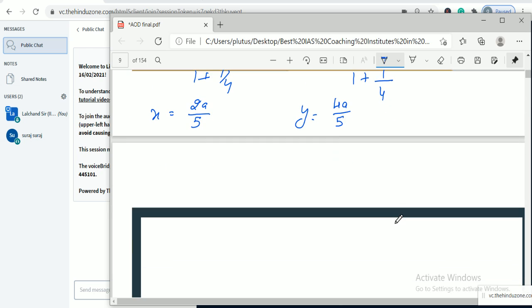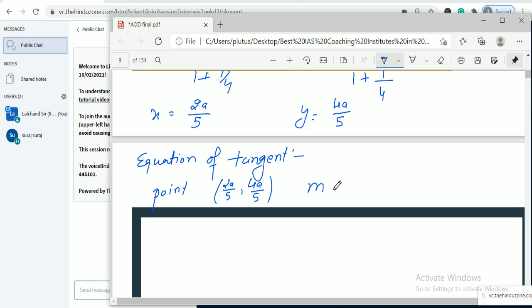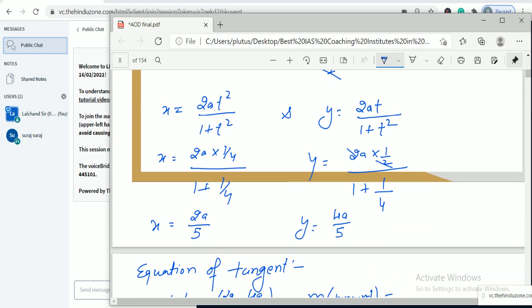So now tell me, what is the equation of tangent? Can you find out the equation of tangent now? Because the point value will be 2a by 5 and 4a by 5. And slope m for this tangent, okay? m means slope value. What is our slope value?